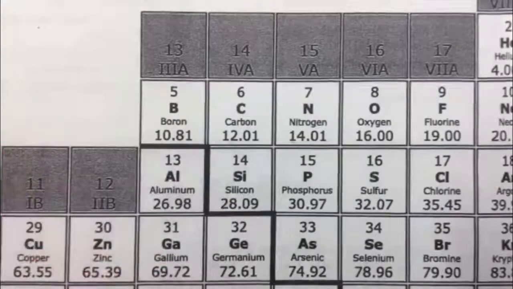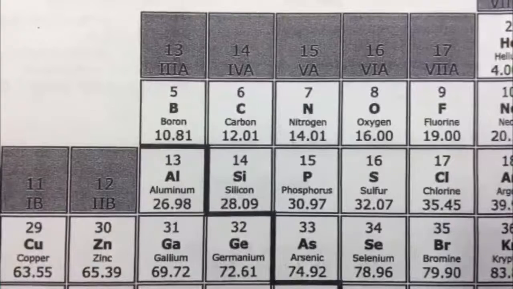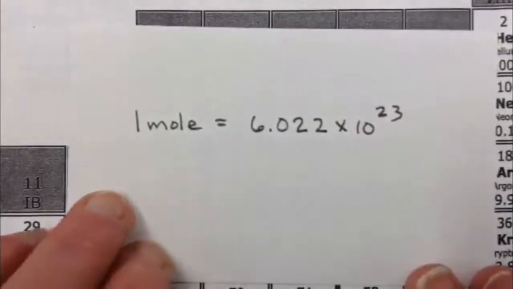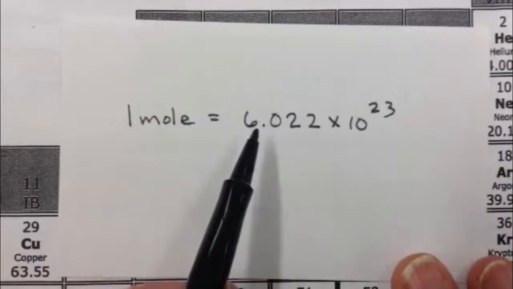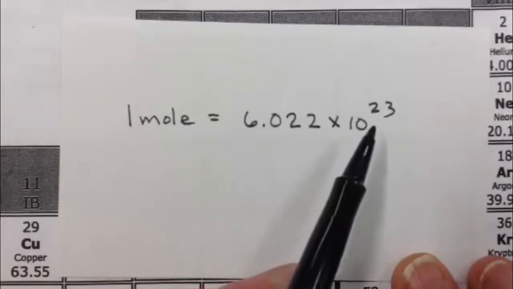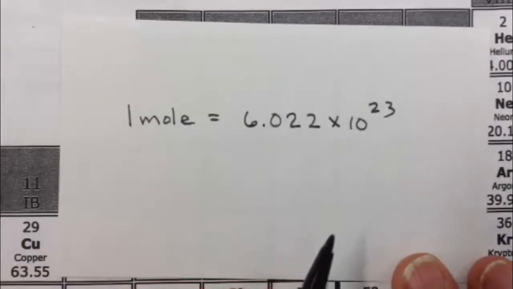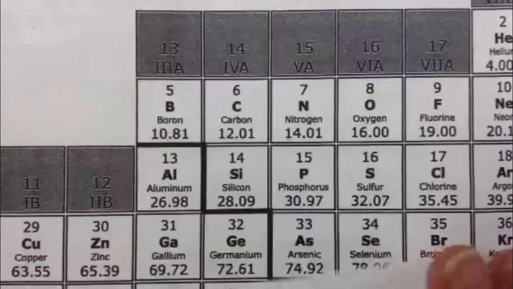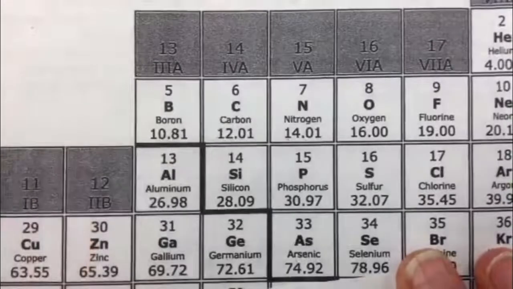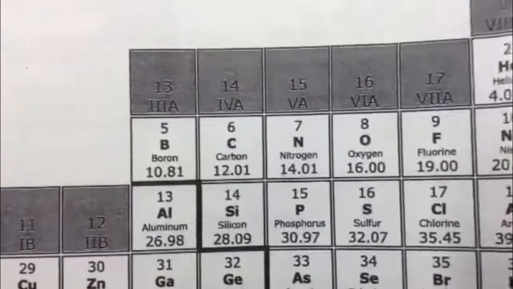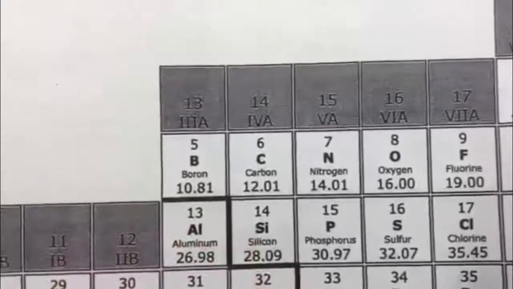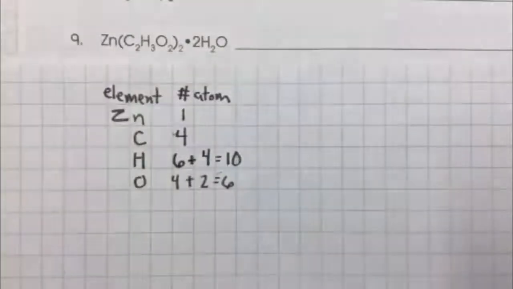So, if you think about it this way, 1 mole of carbon has 6.022 times 10 to the 23 molecules, and the mass of that amount is 12.01. So what we need to do is we need to find our atomic mass for each of the elements.